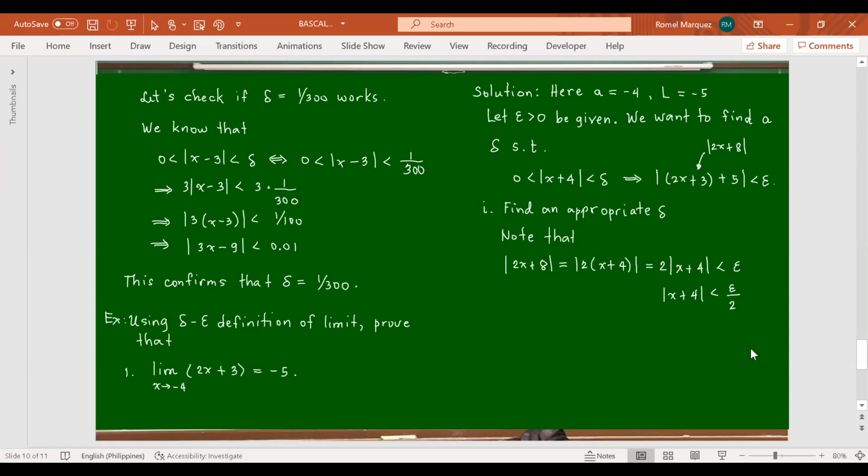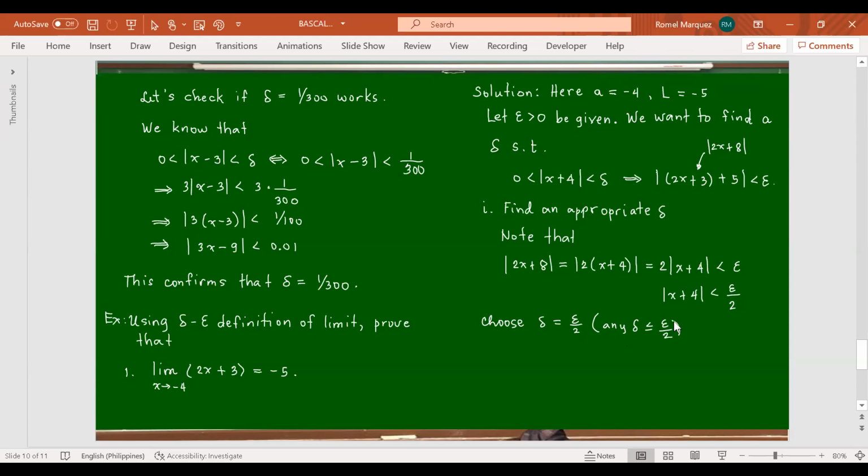Okay, guys? So the appropriate delta perhaps is what? Choose delta equal to epsilon over 2. Actually, any delta that is less than or equal to epsilon over 2 can be considered also.